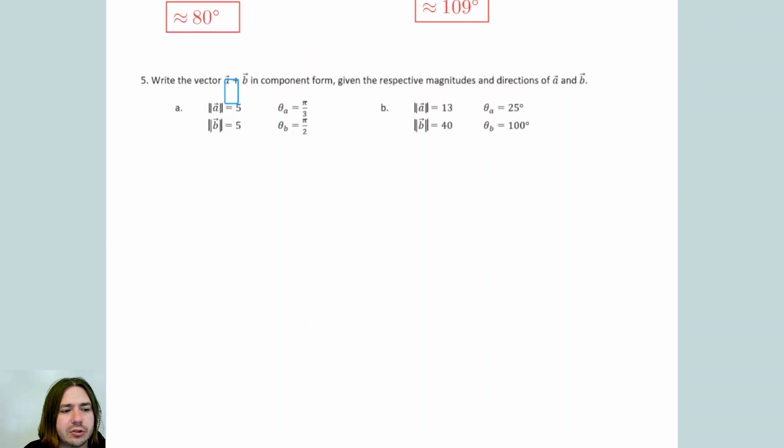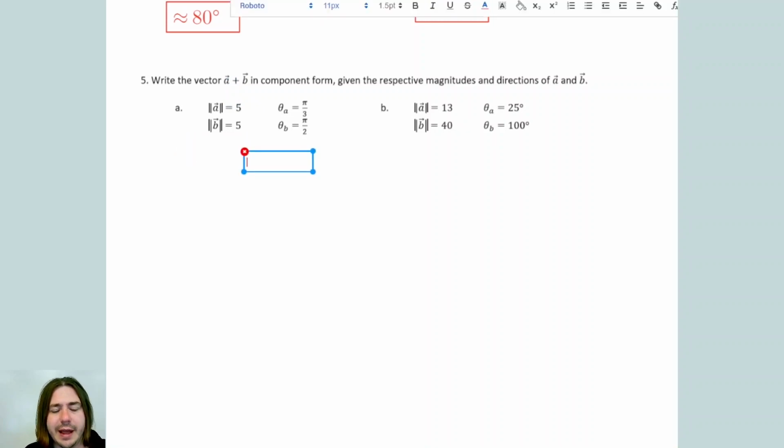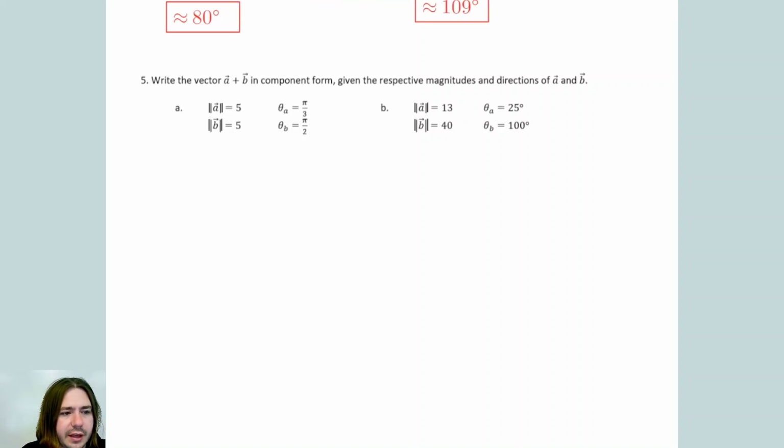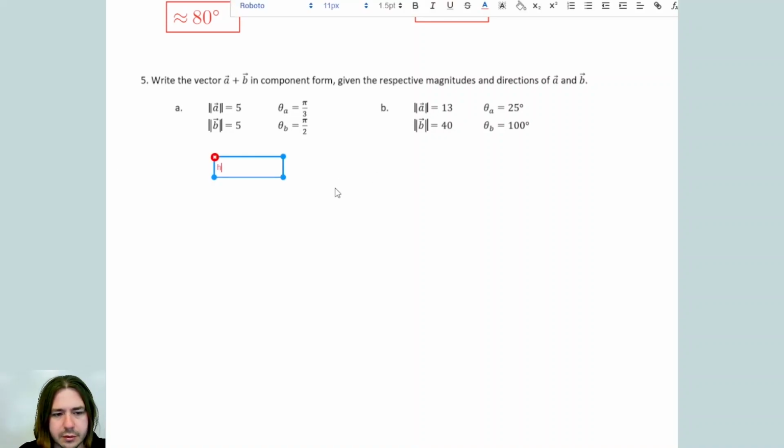And so just as a little reminder on how you find the vectors given the magnitude and the direction angle: the x component, or the horizontal component, is going to be the magnitude times the cosine of the angle measure, or the direction angle.